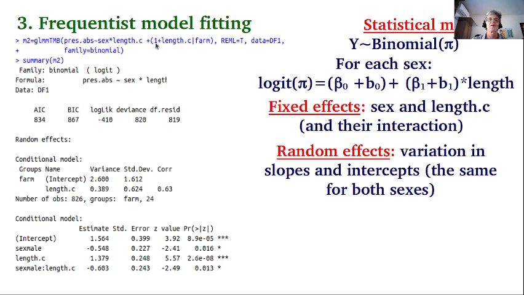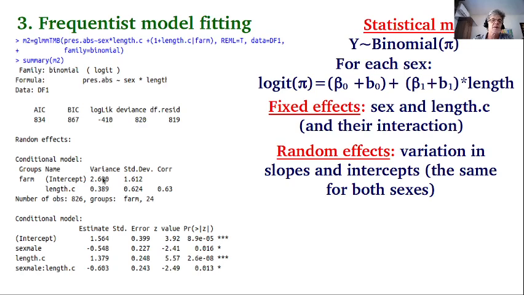So the one here indicates that we are going to estimate the random intercepts. This is the b0 coefficient, and length here denotes that we are going to fit random slopes, that is the variation of the slope of each farm with respect to the fixed level effects. So the summary of the model shows the variance, or if you wish, standard deviation.